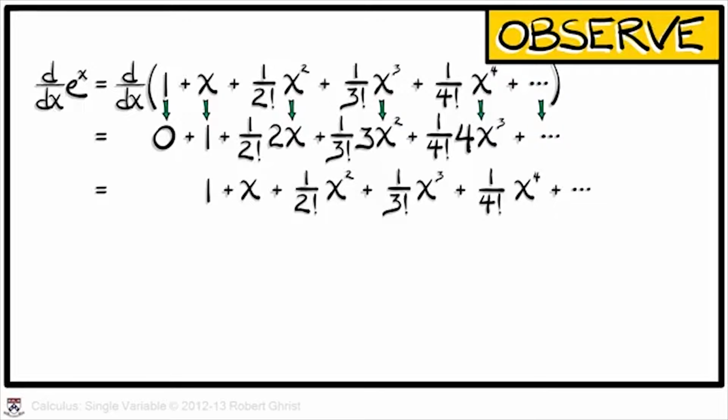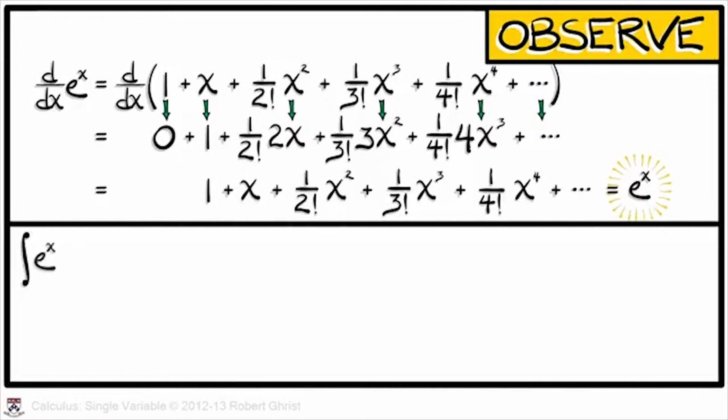This pattern continues since k divided by k factorial is 1 over quantity k minus 1 factorial. And what do we observe? We observe that we obtain the definition of e to the x by simply following what seemed to be the obvious thing to do. Will that work if we try to integrate as well?